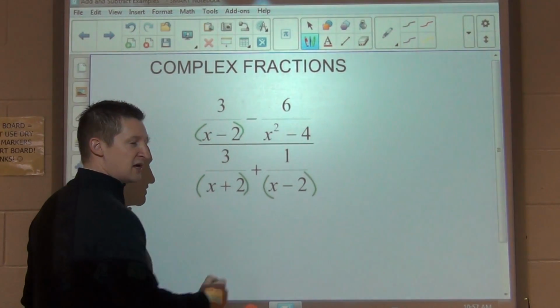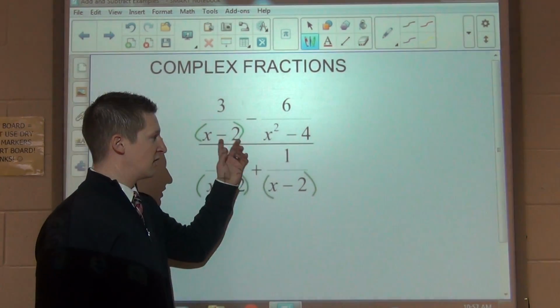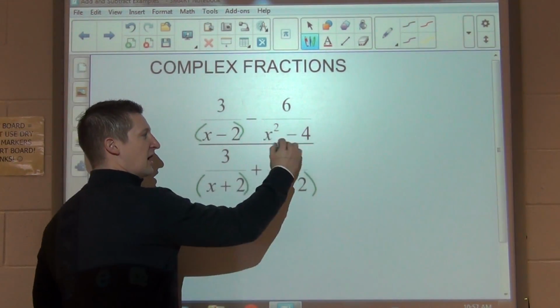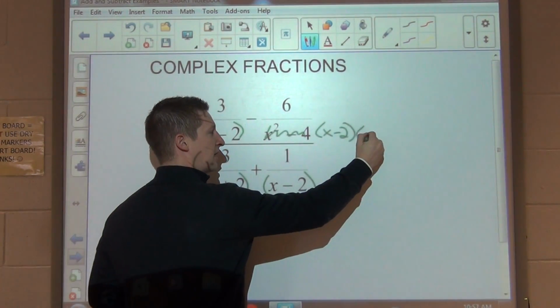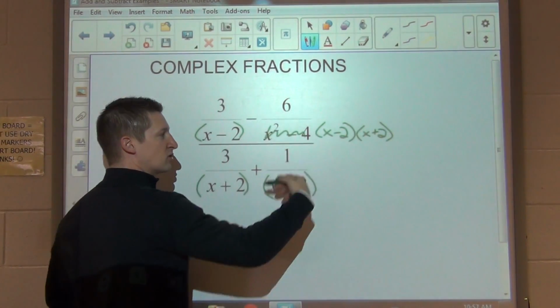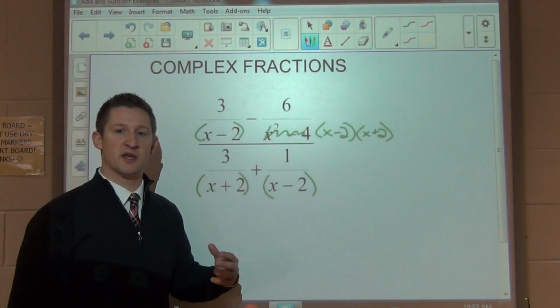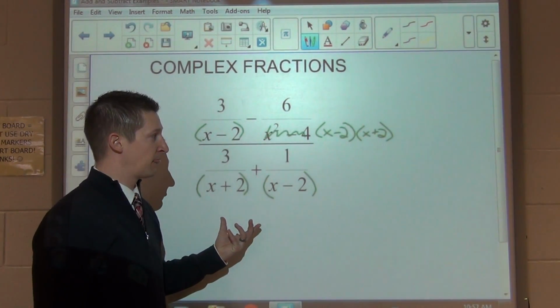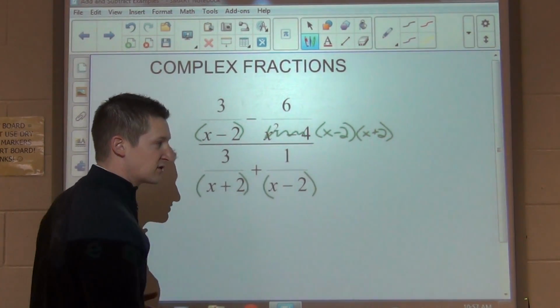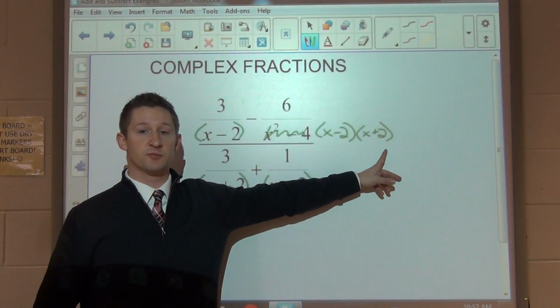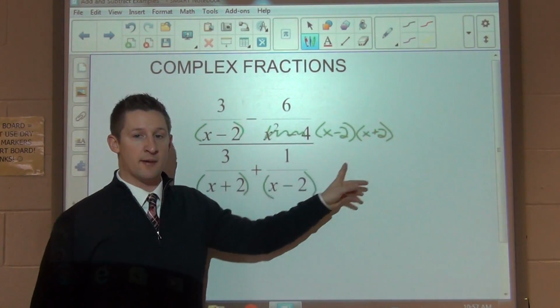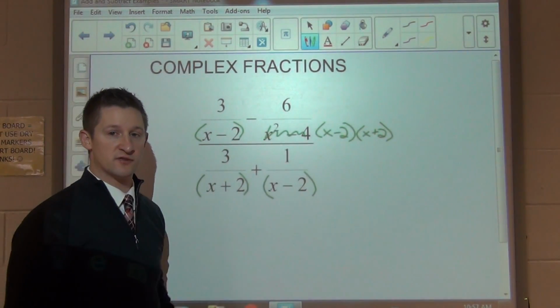X minus 2 is repeated down here, I don't have to include it twice, it was already taken care of there. And finally, the x squared minus 4, remember when we factored that, it was x minus 2 times x plus 2. Again, those are the two factors that I already see represented by other denominators elsewhere. So as I look at the four fractions, I'm pretty confident in saying that x minus 2 times x plus 2 will be the least common denominator of each of these four fractions.